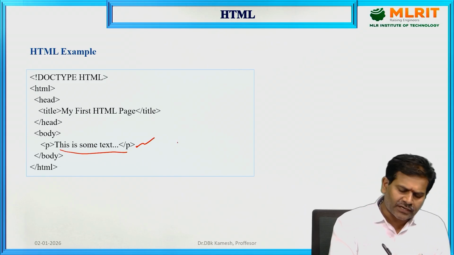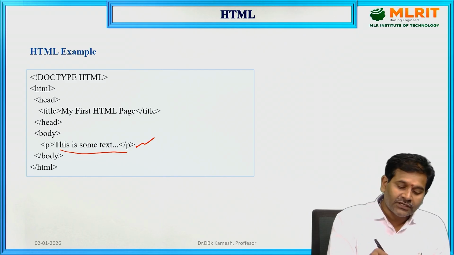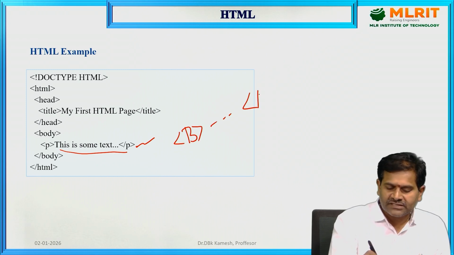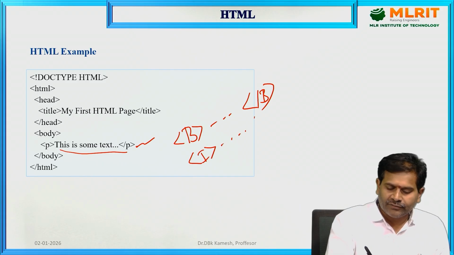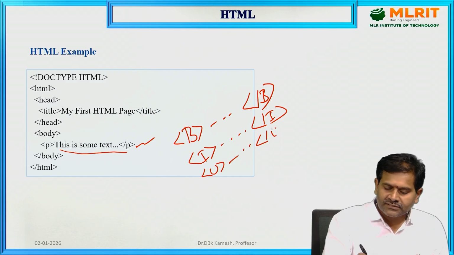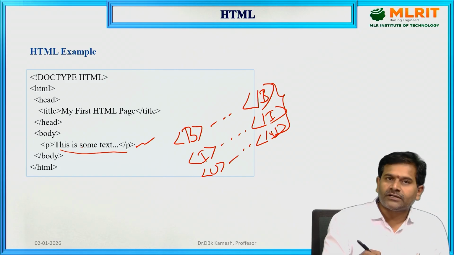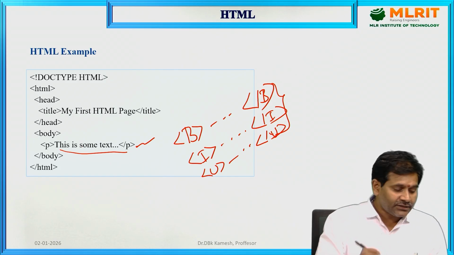For example, if you require bold content, we can use B followed by /B. If you require italic, we can use the I tag. Underline is the same, with U. These are the tags we use in the body of the content in the HTML examples.